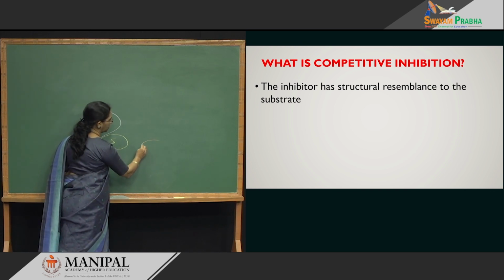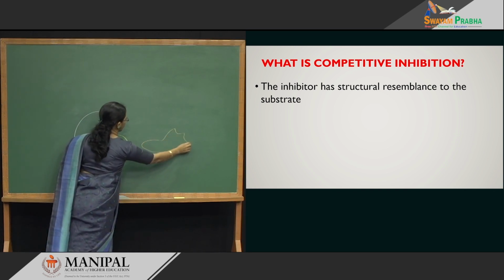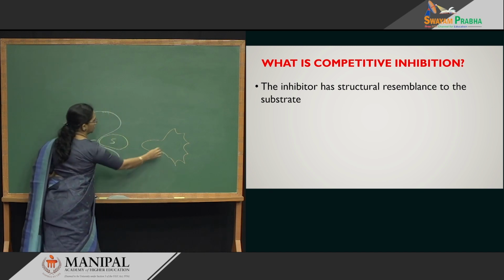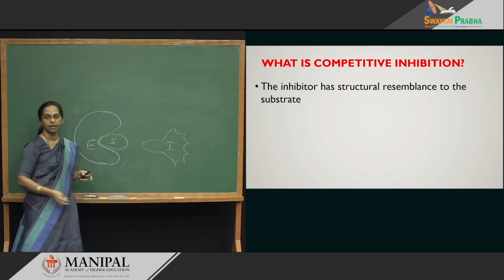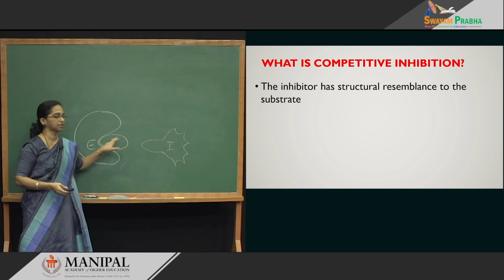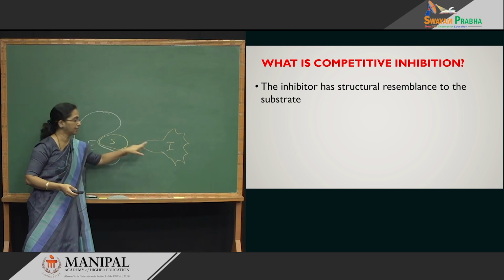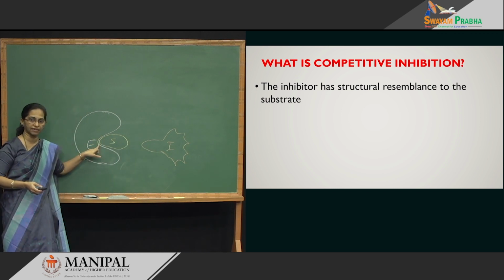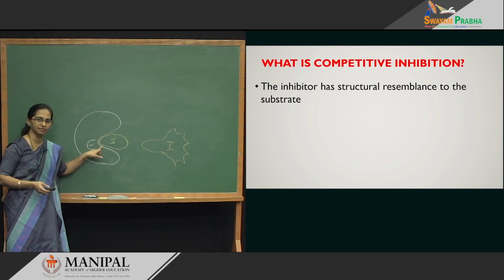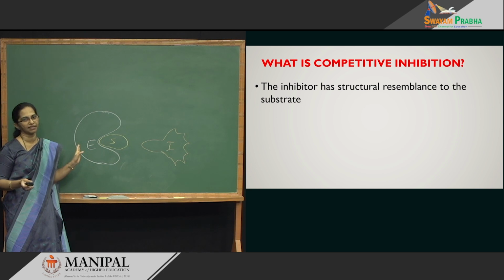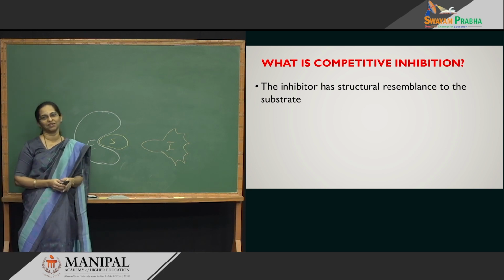It also can fit into the active site. It has structural resemblance to the substrate and therefore competes with it, and it can go and block the active site, and when it blocks the active site, enzyme cannot act. So, that is competitive inhibition.